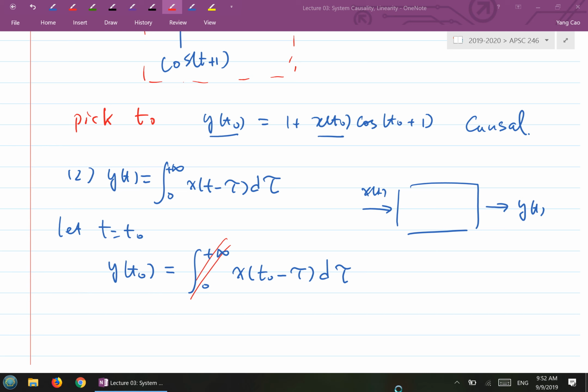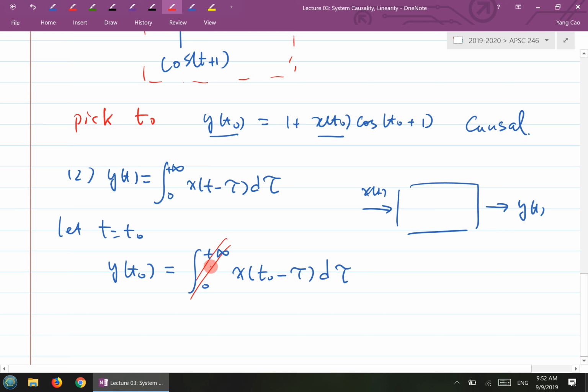But before we move on, think about the integration again. What's the nature of integration? Sum, right? Excellent. Integration is summing. You plug in tau at different values from 0 to positive infinity and then sum together.